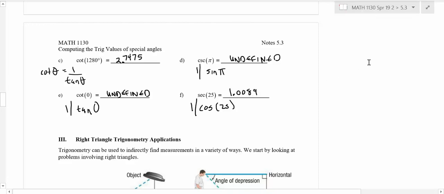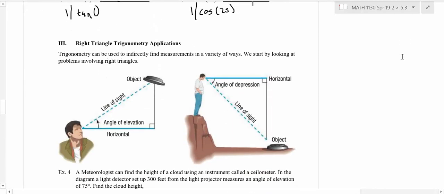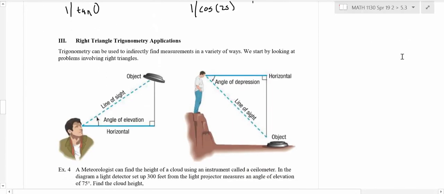Third and last part of this section is going to be some right triangle applications. And these are kind of nice problems because you can see the practicality and you can see how surveyors measure stuff. I've had students before who have come to take a trig class because they were in surveying and they needed to know trigonometry.